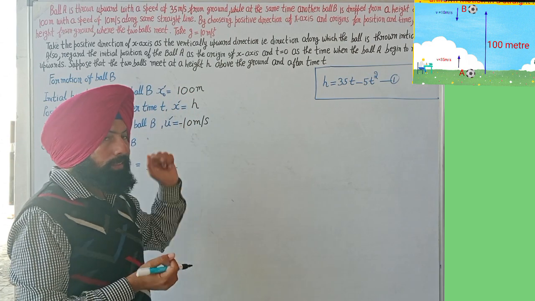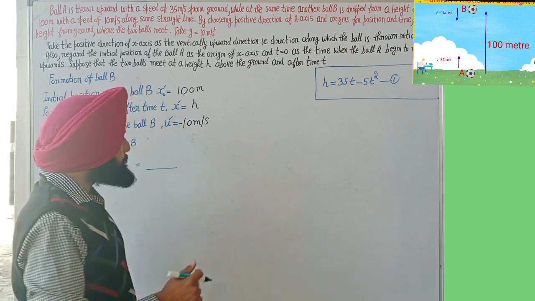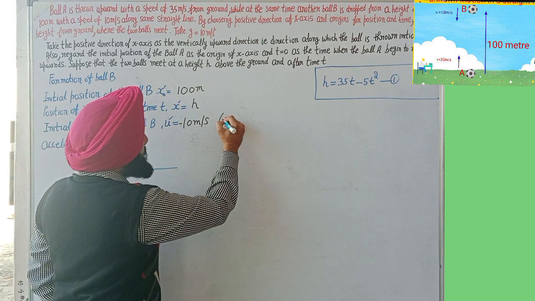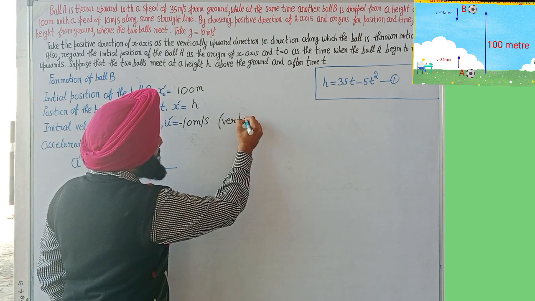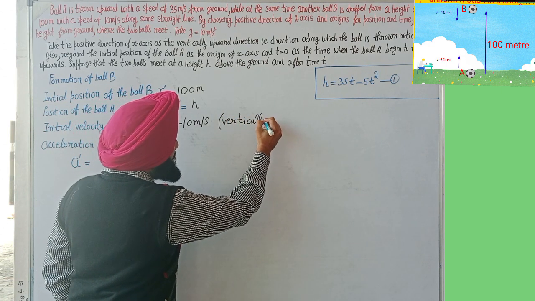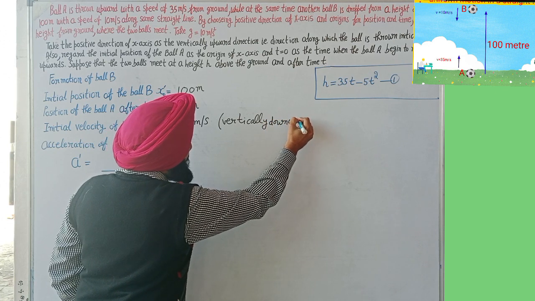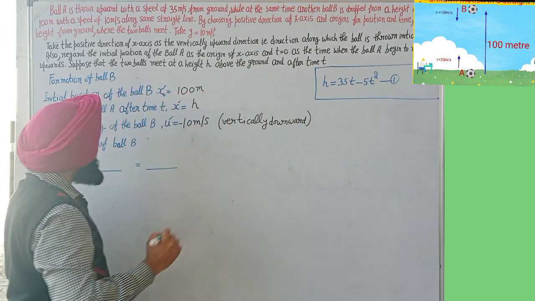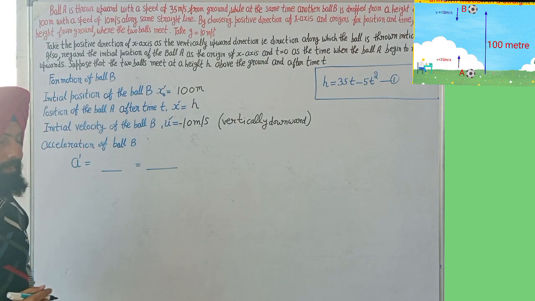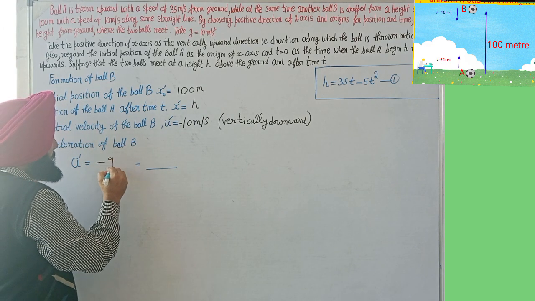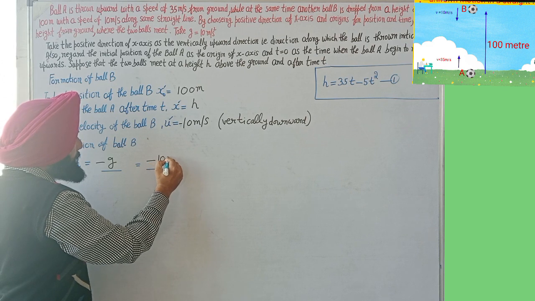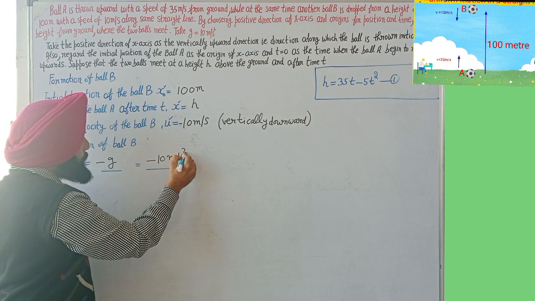Now this is negative, vertically downward. Why negative? Vertically downward. Similarly, the acceleration is again negative g, negative 10 meter per second square.